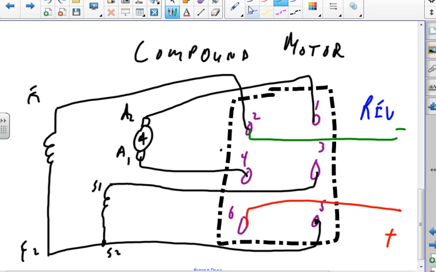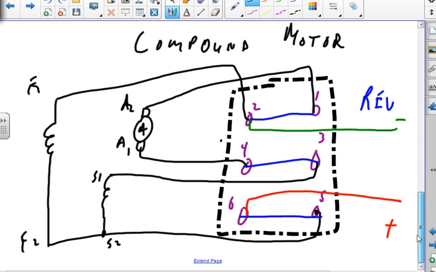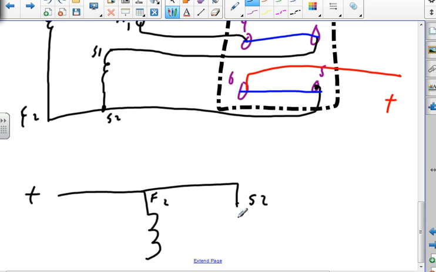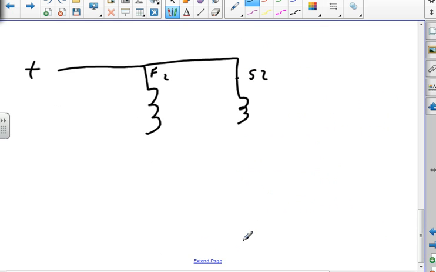All right, so where are we? We're going reverse. So I'm going to hook up him to him, them to them, them to them. Okay, so that's reverse. And I'm going to draw a picture of it. I'm going to go positive to F2, positive to S2, F2 back to negative.